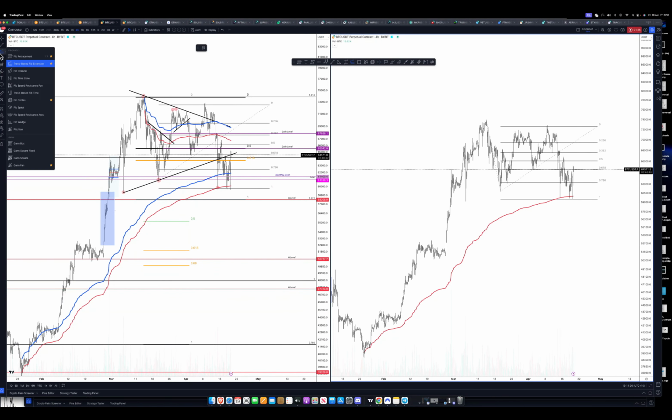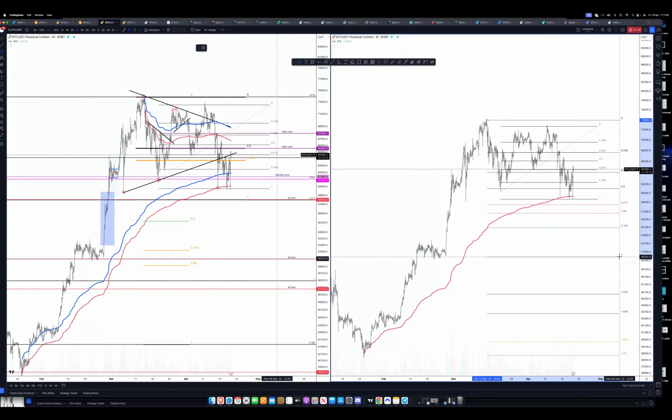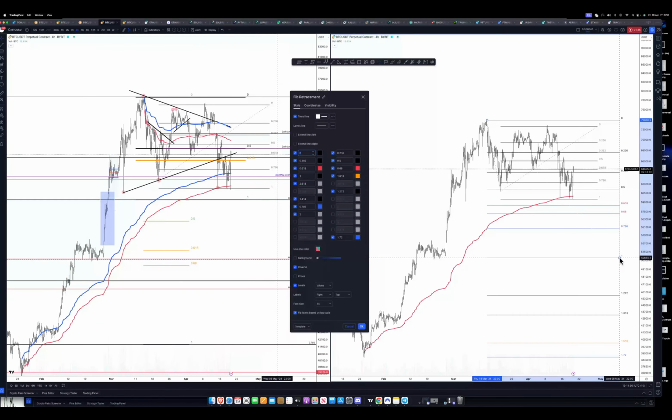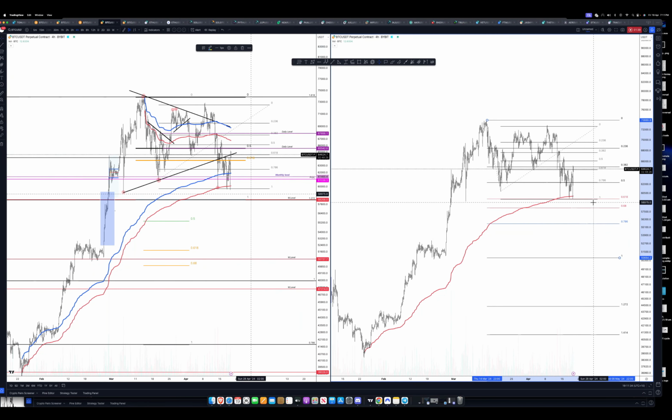Thirdly, if we were to take the top to the bottom, let's see how we go with this. All right, we have the 618. So we've got three elements finding strong support. Now, I can't see anything more than that, really, that this should be a strong level of support.